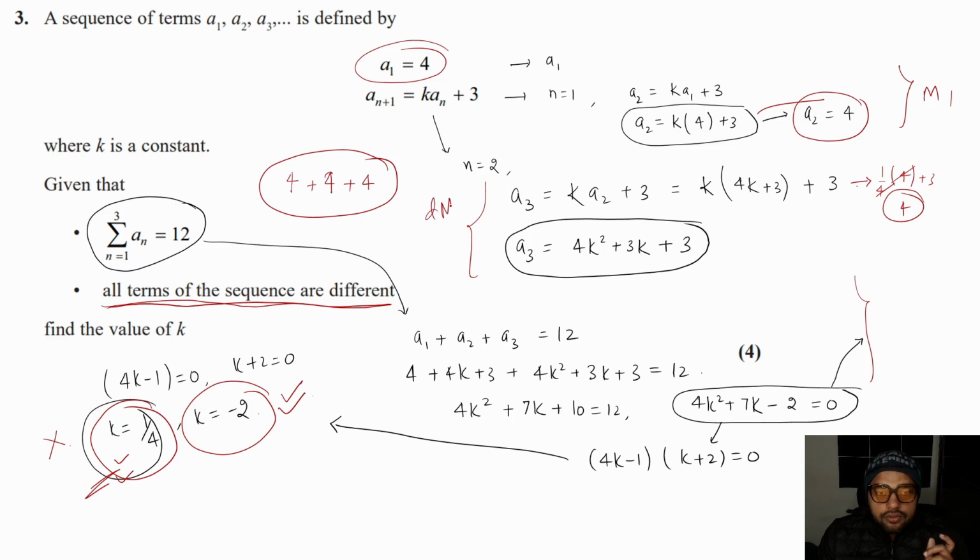So this will get you a score of DM1, and similarly this will get you a score of DDM1, because this is dependent. So hope I am able to satisfy you guys. So let's move ahead.